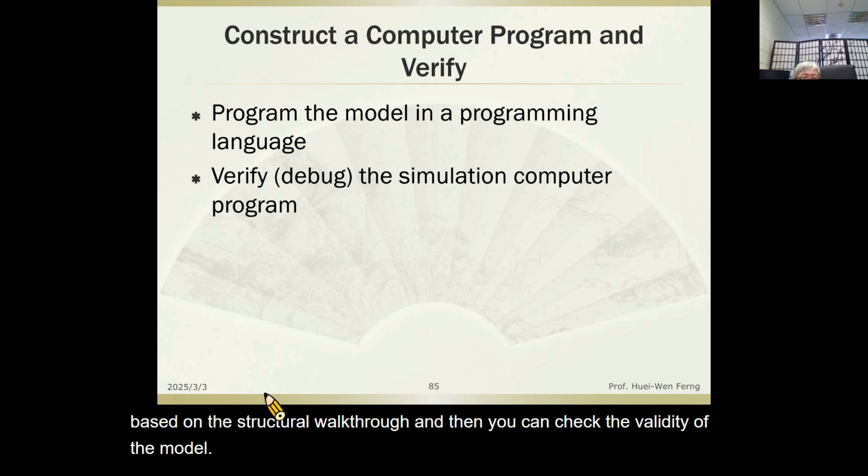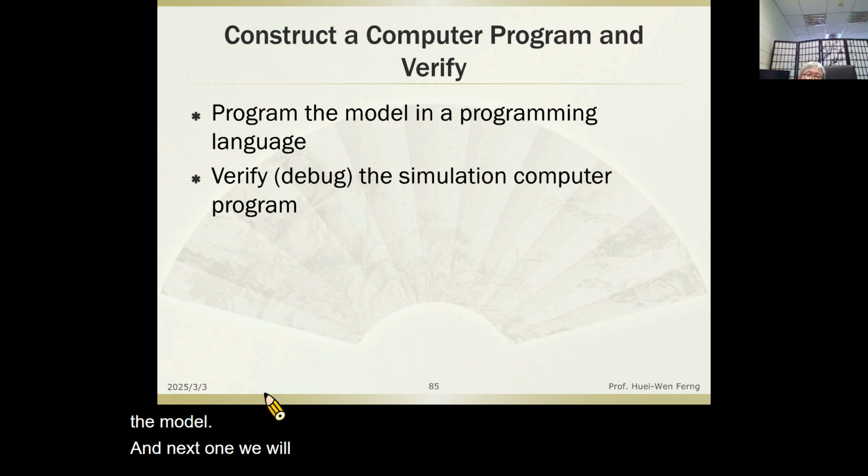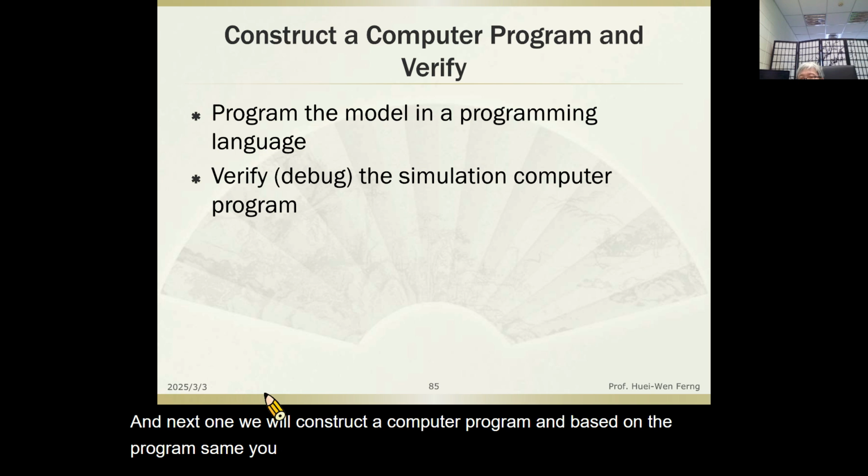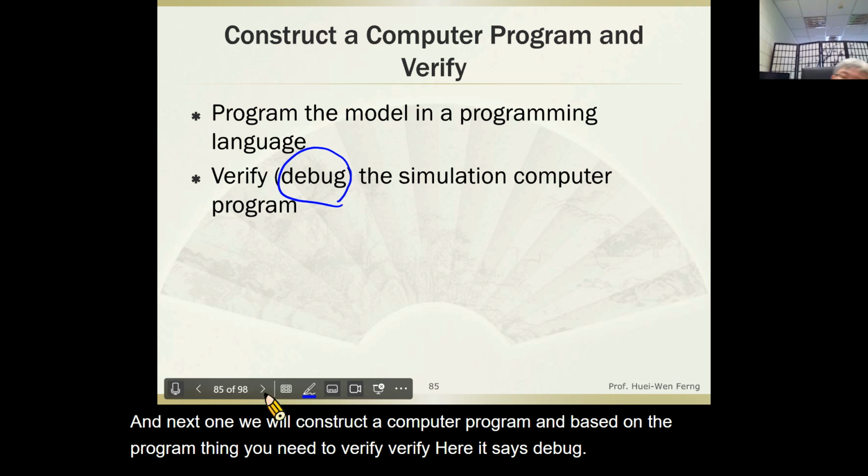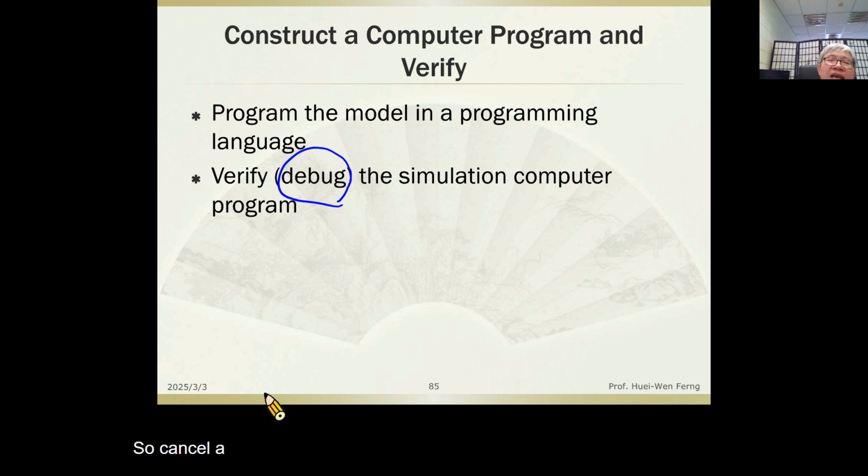And next one, we will construct a computer program. And based on the program, same, you need to verify. Verify here means debug. So, construct a computer program, that says this is the purpose of our course.